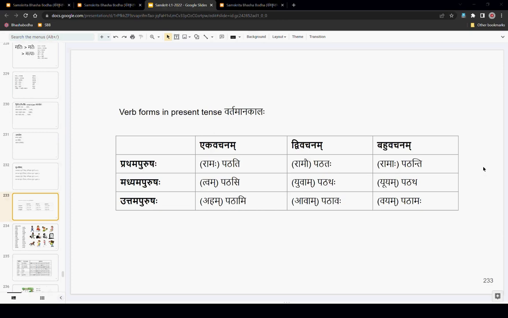Similarly, for the Kriyapada side, the Kriyapada could be in any Purusha, any Vachana or any Kala. Vartamana Kala, Bhuta Kala, Bhavishyat Kala, etc. But it has one root word, which is called Dhatu. In this example, for Patati, the root or Dhatu is Patha. Sometimes you can write it with the Vyanjanam, Pat.